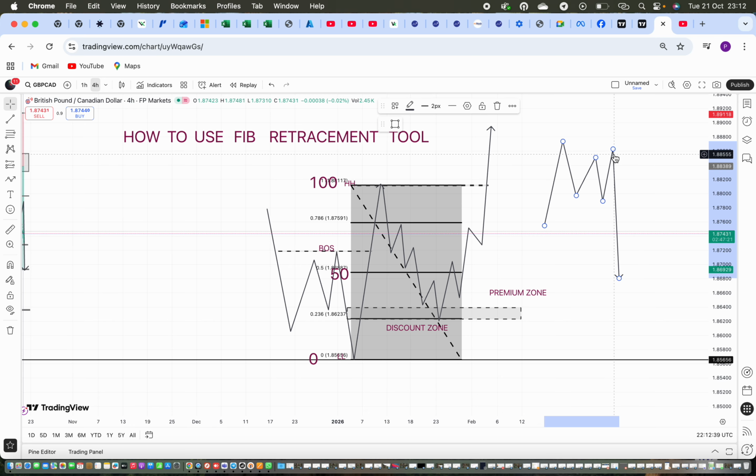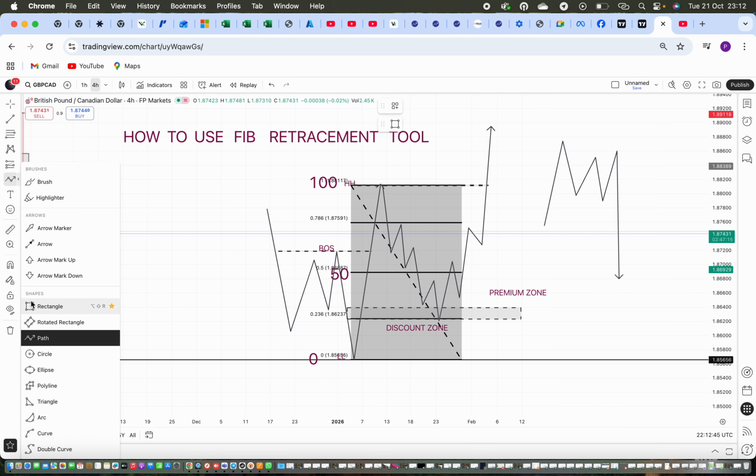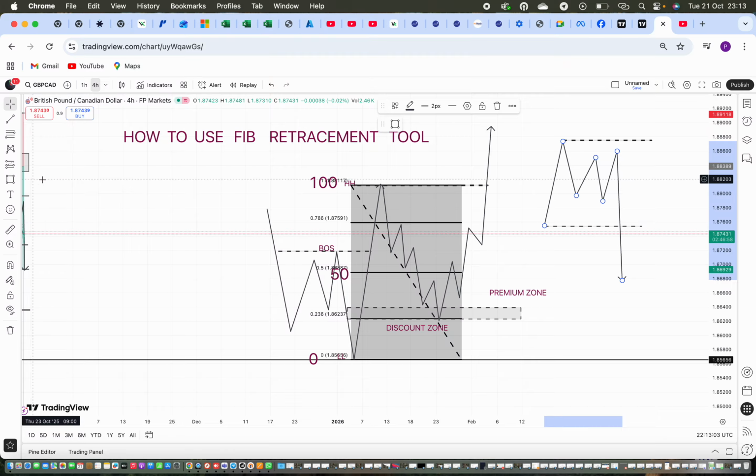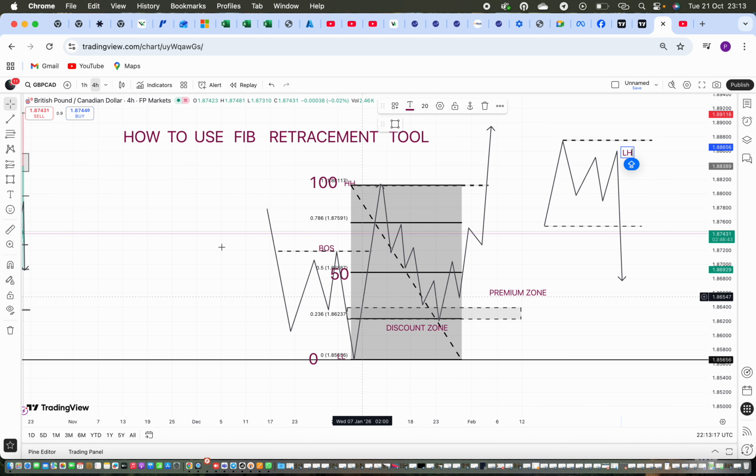So remember, before now, this was our previous high, and we have this structure broken here. Now we are looking for a sell opportunity, and like I said, we just need to make here our lower high and lower low.